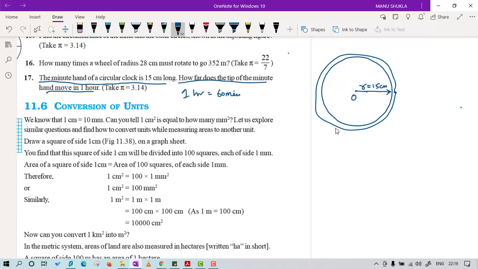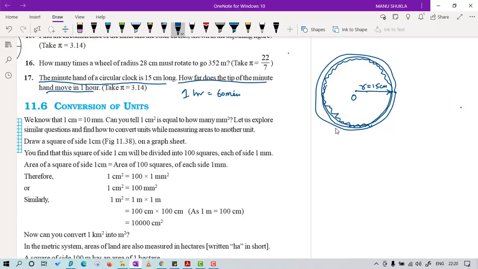So class, you only tell me, in this complete rotation what is the distance covered by the minute hand? Obviously the circumference. The tip of the minute hand is moving only this distance, and this distance is actually your circumference.